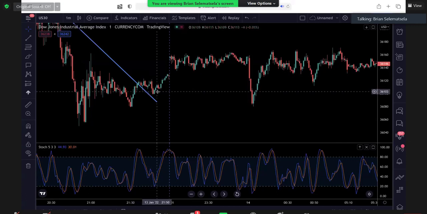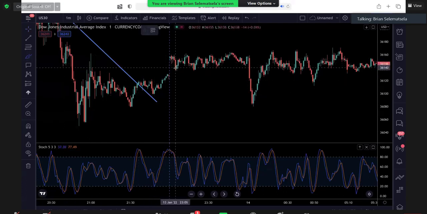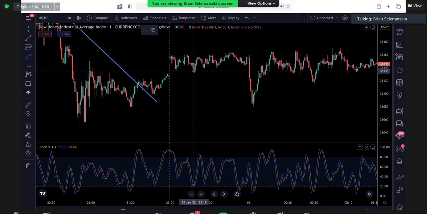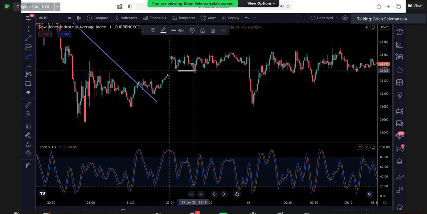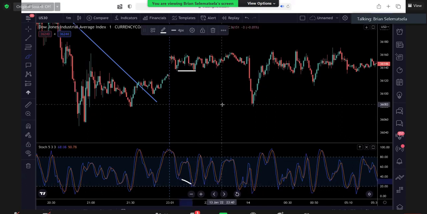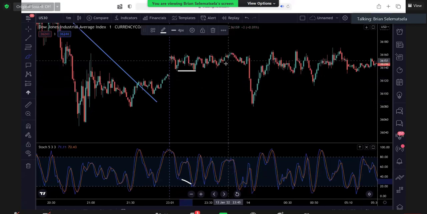So the first divergence from here, where the market touches the overbought, is between here and here. No, it doesn't make sense. This line is the only horizontal line, so it doesn't make sense to connect it with that one. Let's check for the second thing.